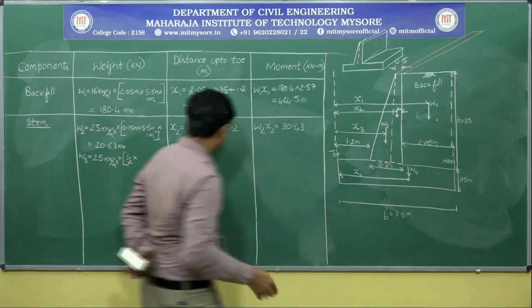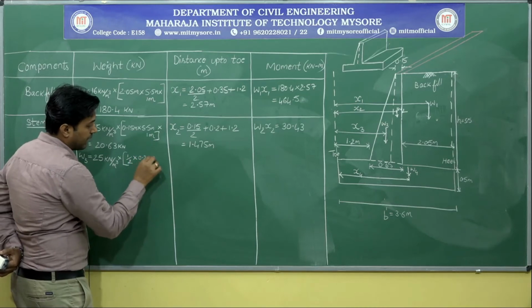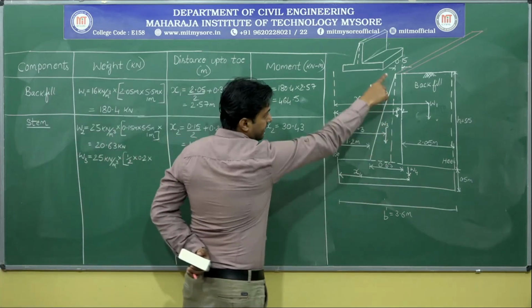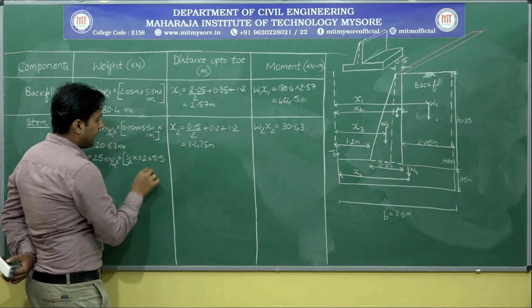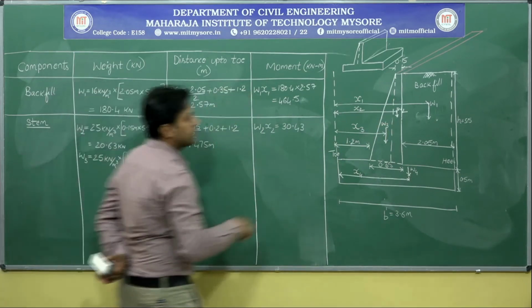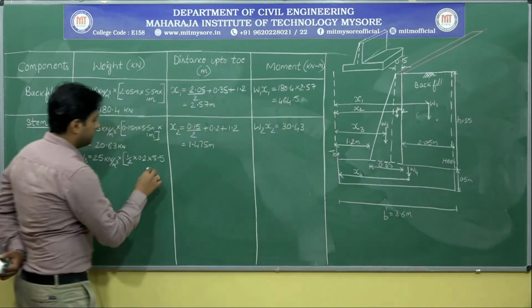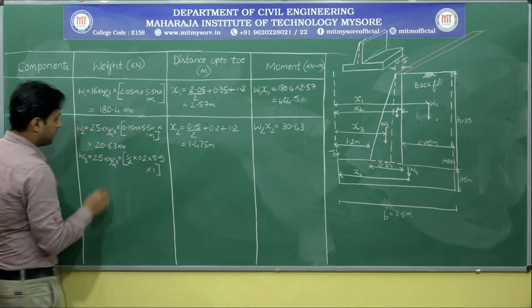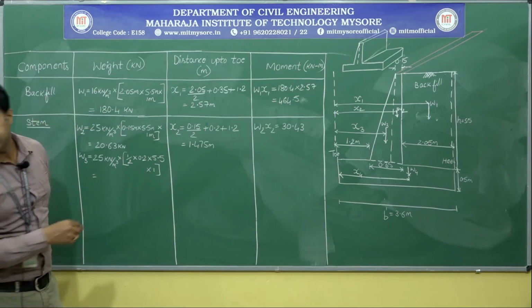It's 0.2 base into, what is the height? 5.5 meter into, till what distance I need to consider? So it is 1 meter. Okay. So now, what is the value? So it's 13.75.